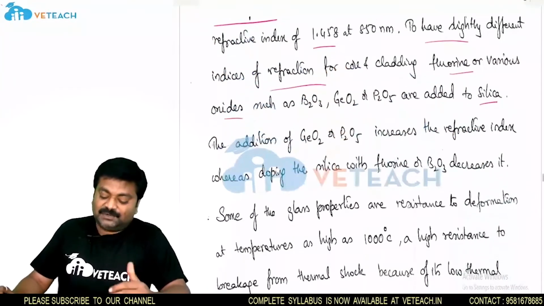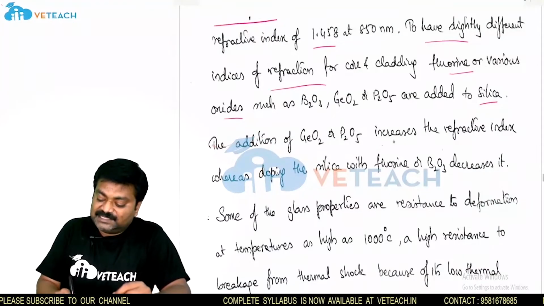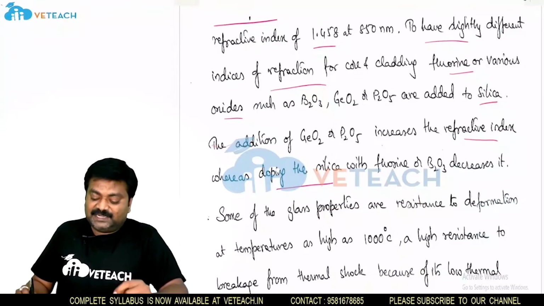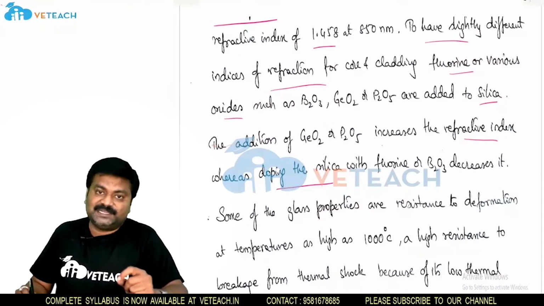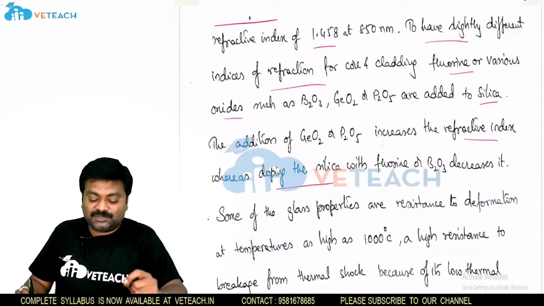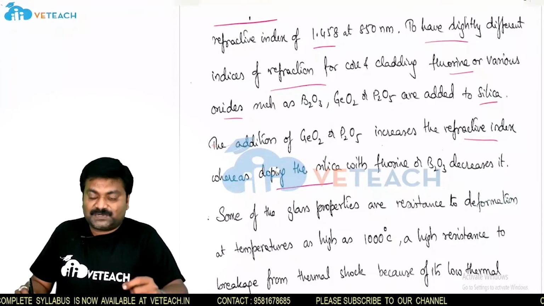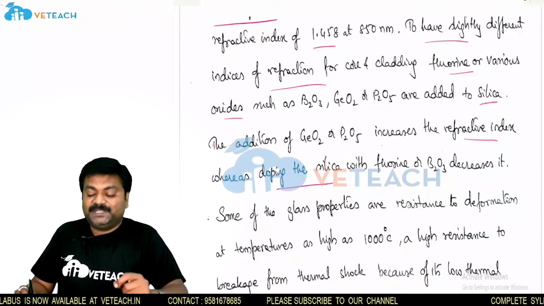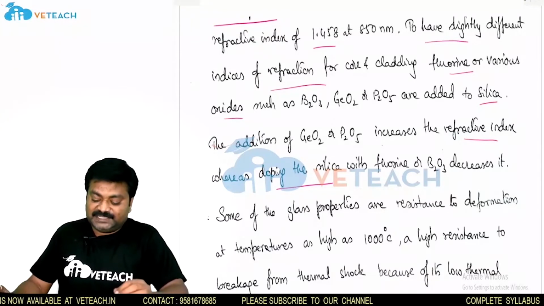The addition of these oxides increases the refractive index, whereas doping the silica with fluorine decreases it. Remember, addition of germanium oxide and phosphorus pentoxide increases the refractive index, whereas doping the silica with fluorine decreases it.